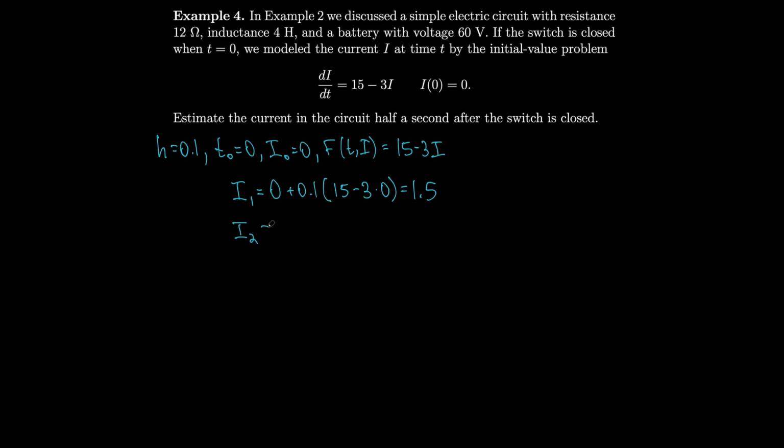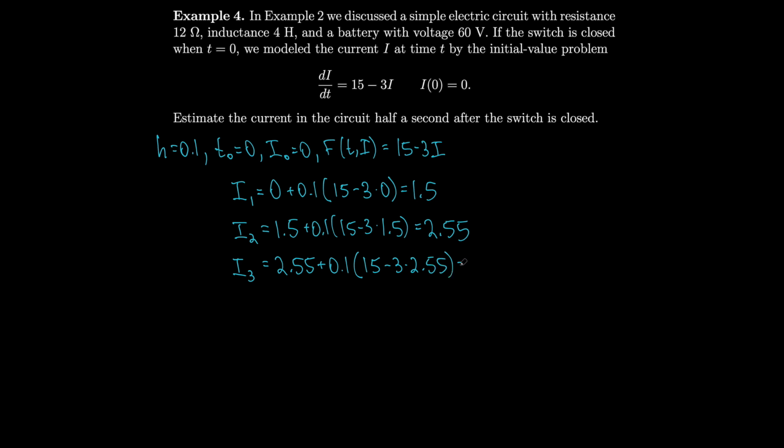And next for I2, we get that it's our previous one, 1.5, plus our step size 0.1 times 15 minus 3 times 1.5, which is 2.55. And we keep doing this. We get I3, which is 2.55 plus 0.1 times 15 minus 3 times 2.55, so 3.285.